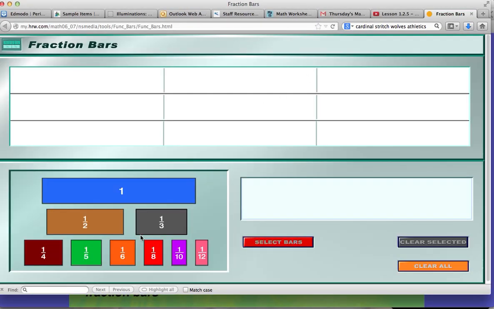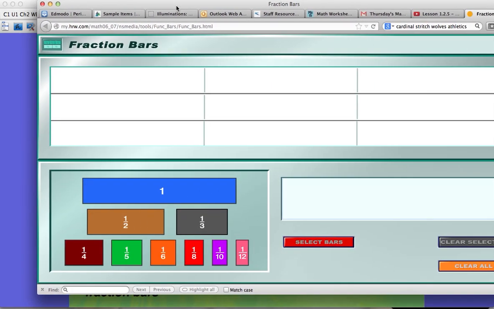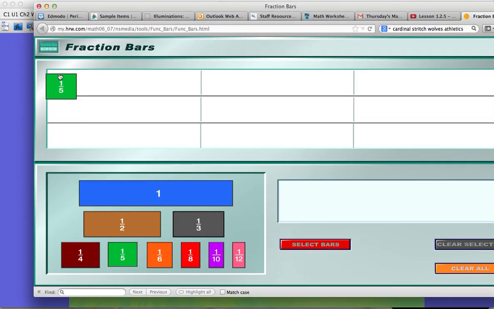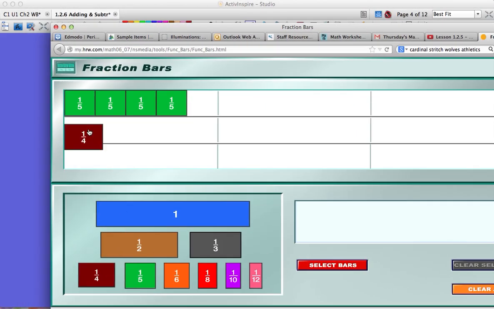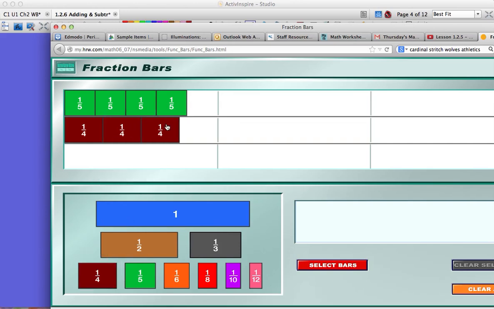So again, if we take a look at 4/5, so 1, 2, 3, 4, those are the size of fifths, plus 3/4. Well, these aren't the same size. So when things aren't the same size, you can't add them together and get an accurate answer. You can only add apples to apples. You can only add fifths plus fifths, sixths plus sixths, tenths plus tenths.